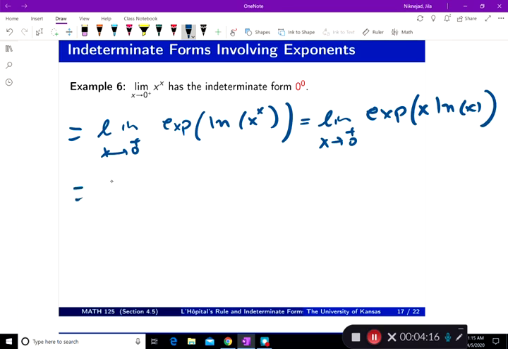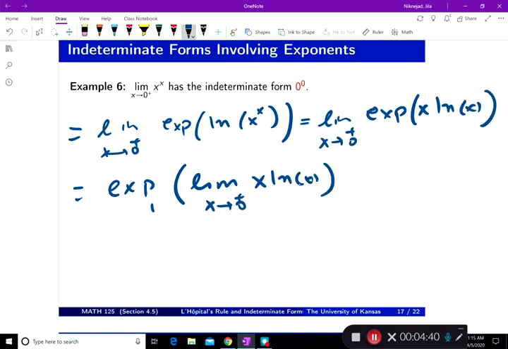I can bring the limit in. The limit comes in, of x natural log of x.